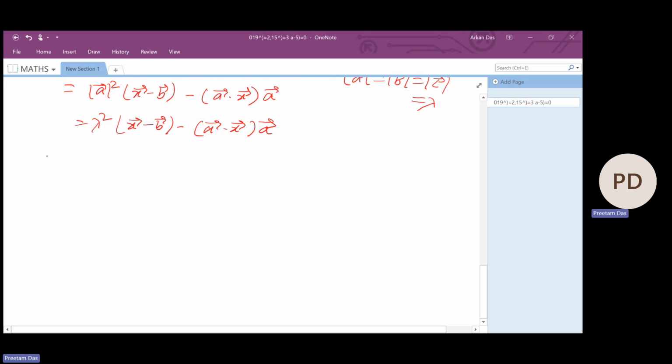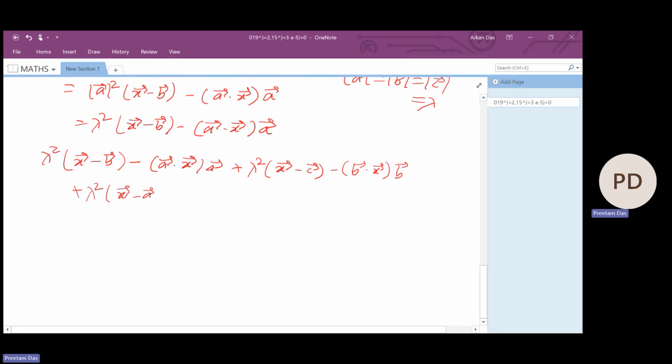So when you simplify all of them, then the overall equation looks something like this. A dot x A and then plus lambda square x minus C minus B dot x B and then plus lambda square x minus A minus C dot x C equal to 0.